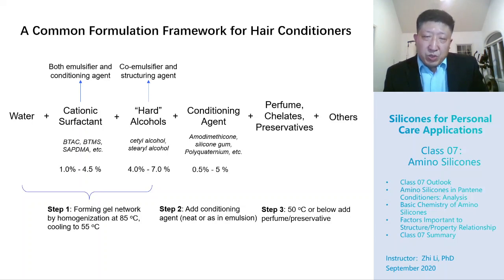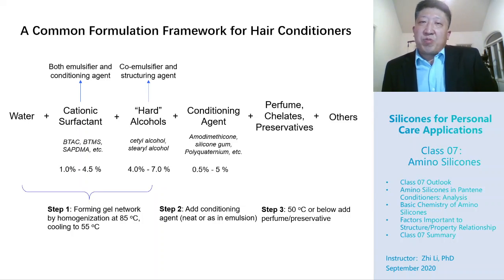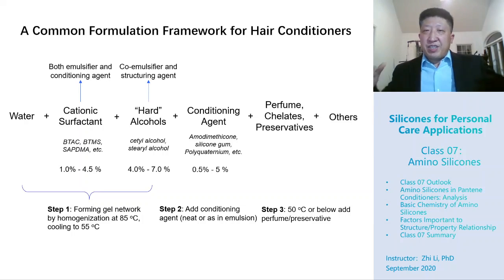And what people do is they heat those waxy or solid materials up to 85 degrees or even higher, and then they apply homogenization of very high shear to make a gel network. What is the gel network? The gel network formed here is kind of like a lamellar structure of a cell membrane.